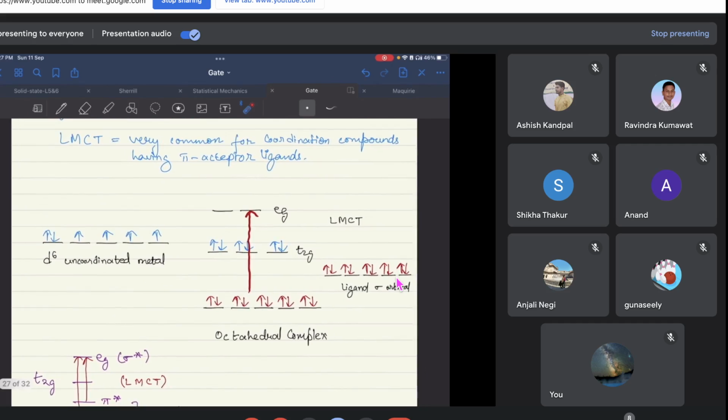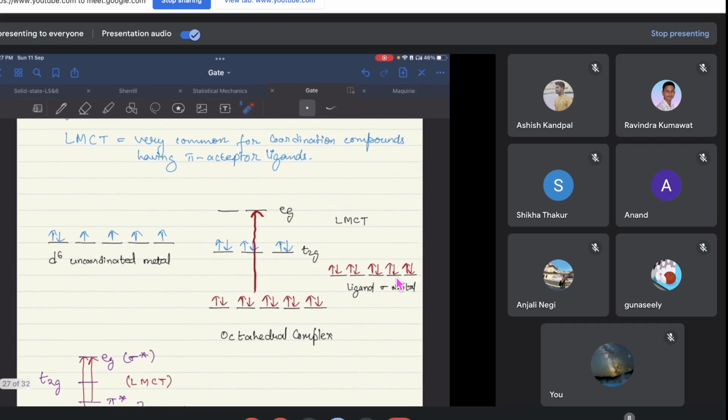So in terms of molecular orbitals, let's look into this. This is a d6 uncoordinated metal, and here we have a ligand with a full sigma orbital, for example.